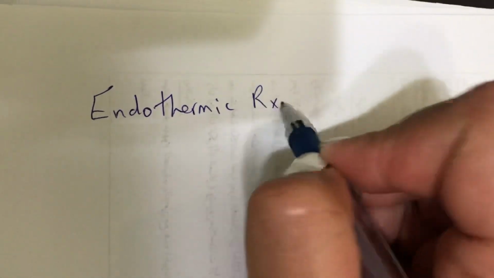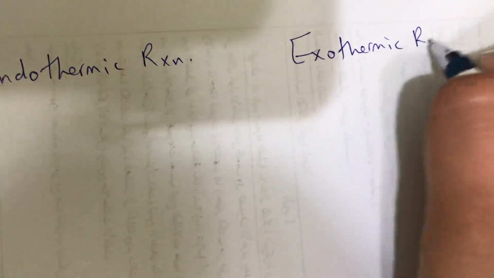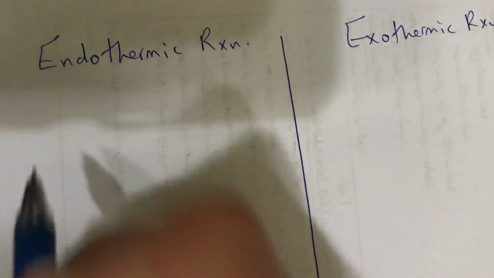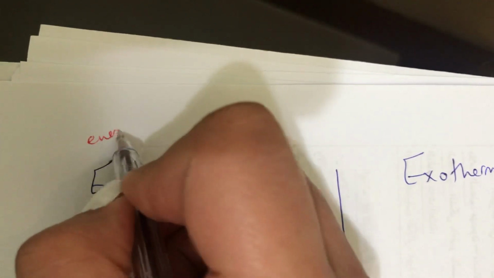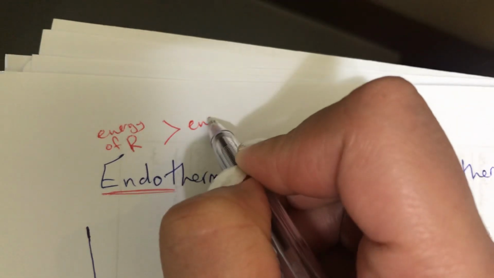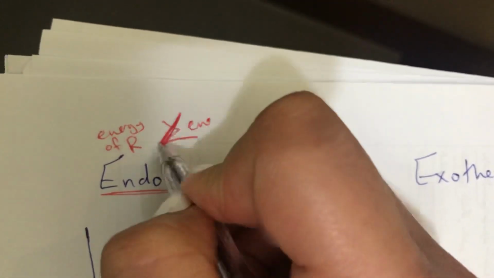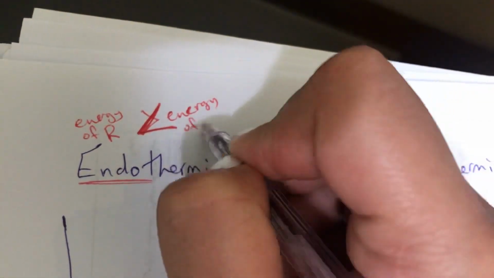two energy diagrams, for an endothermic reaction and an exothermic reaction. So here, as you remember, for endothermic reactions, the energy of reactant is less than the energy of product.